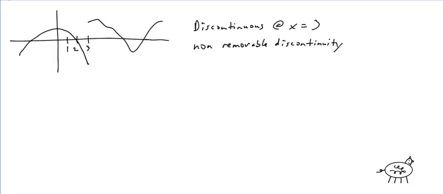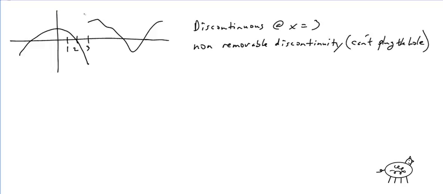Okay, non-removable means, it's kind of a simple term, I can't assign a value to plug that hole to make it a continuous function. So I can't plug the hole. I can't plug the hole with one value. You can't just draw a line straight up. So non-removable means I can't remove it by just assigning one value to that.